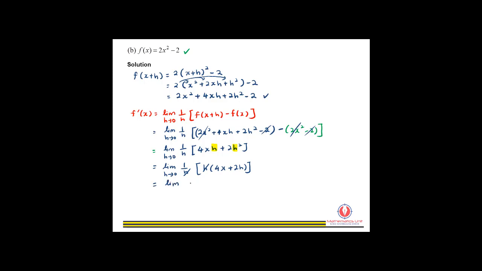So we'll get limit 4x plus 2h as h approaches 0. So we substitute h equal to 0 here. So 2 times 0 is 0. So now you'll get 0 here, and then we'll get 4x. So this is our final answer for 1b.